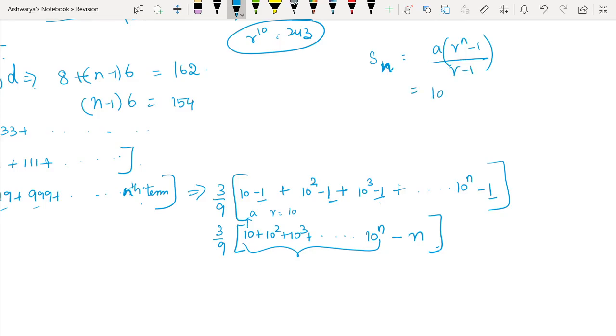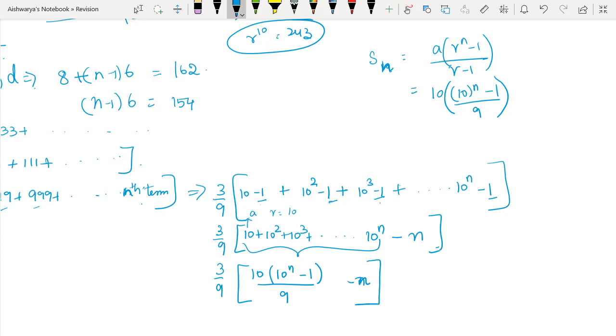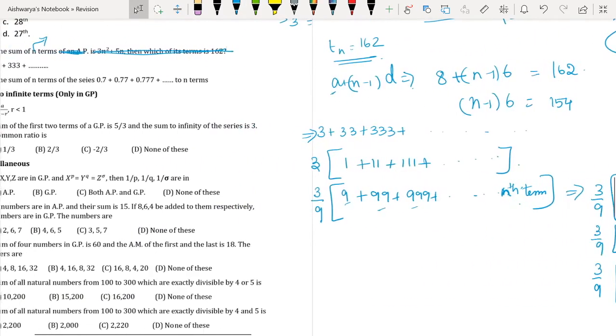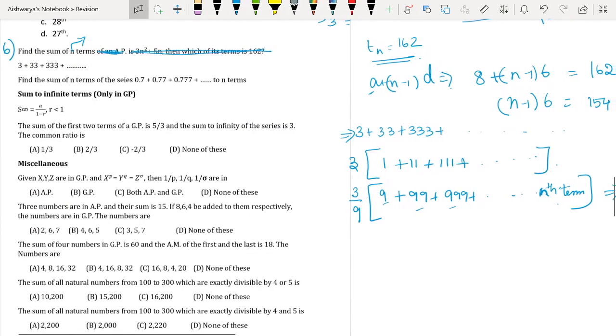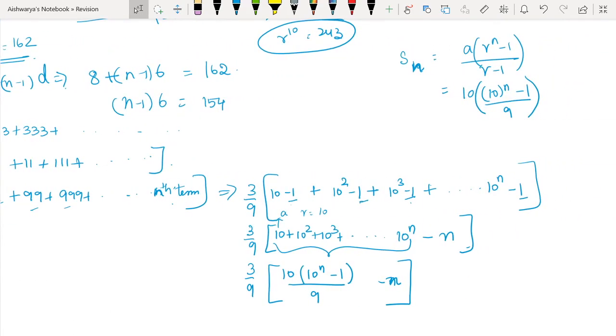So a value is 10, r value is 10, 10 power n minus 1 divided by 10 minus 1, which is 9. So 3 by 9 within bracket, let's write down here, 10 into 10 power n minus 1 divided by 9, minus n. So this is what we have. You can leave the final answer here, or you can simplify based on the options. This question does not have options, so we can stop here.